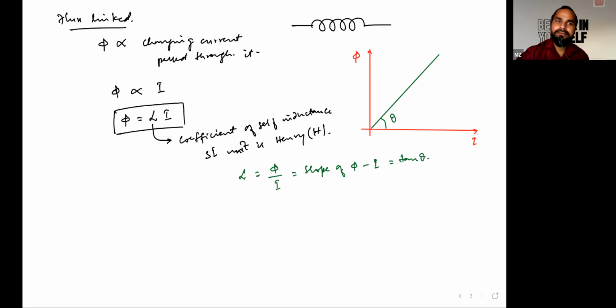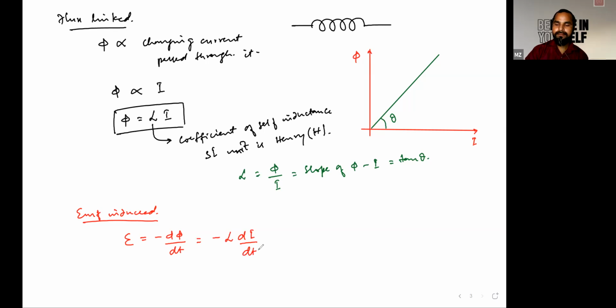The next part is, since the current is changing, if we differentiate this whole expression we get the EMF induced. EMF is minus d phi by dt. If we differentiate, L being constant is taken outside, so d phi by dt is L times di by dt. Multiplying by the negative sign, it is minus L di over dt.